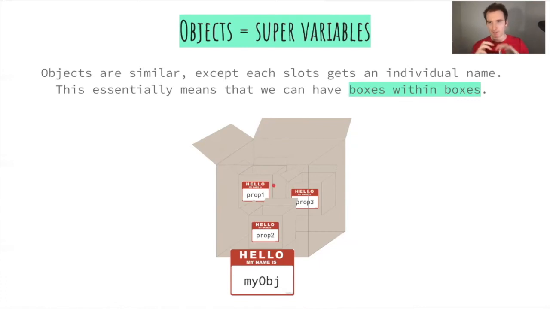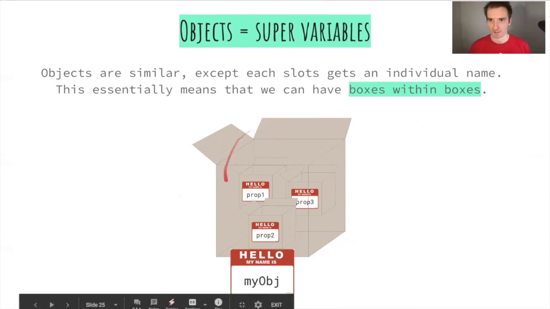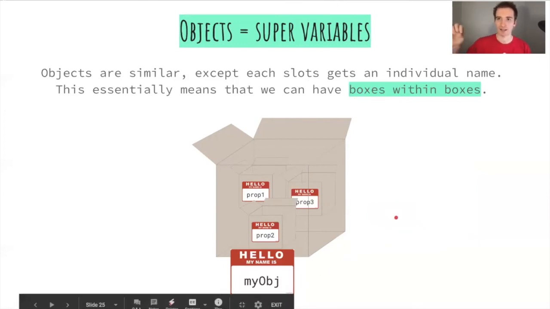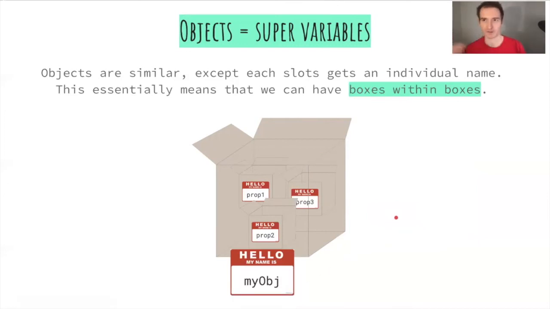We can store as many boxes as we like inside of this giant box of boxes. And we can also give these interior boxes their own name tags. And then if we want to grab a box inside of this box, we can look that up within that box. And I'll show you the syntax of how to do this in a few slides.